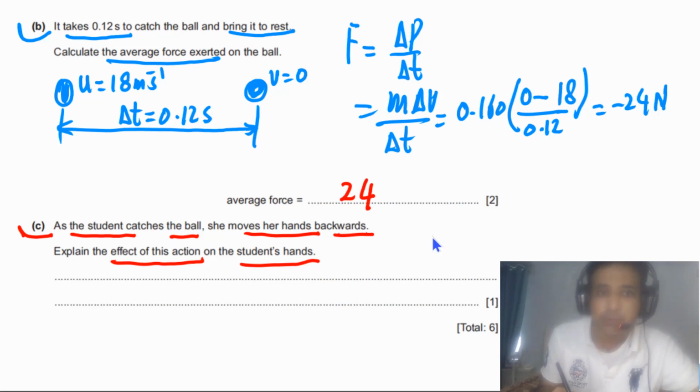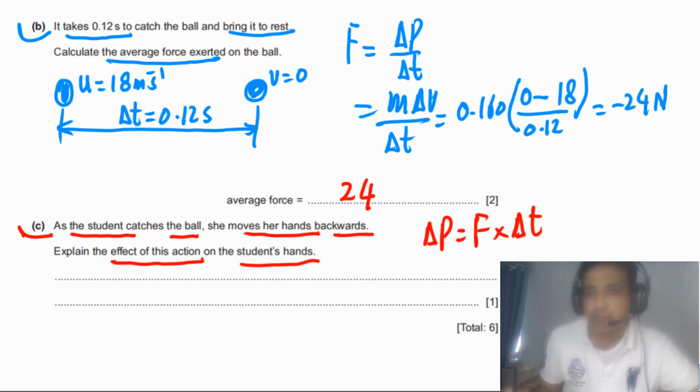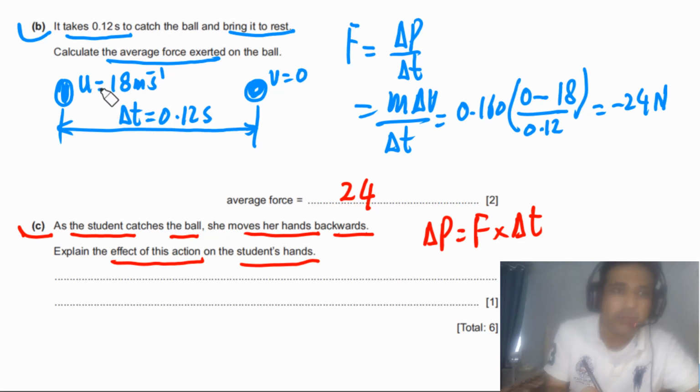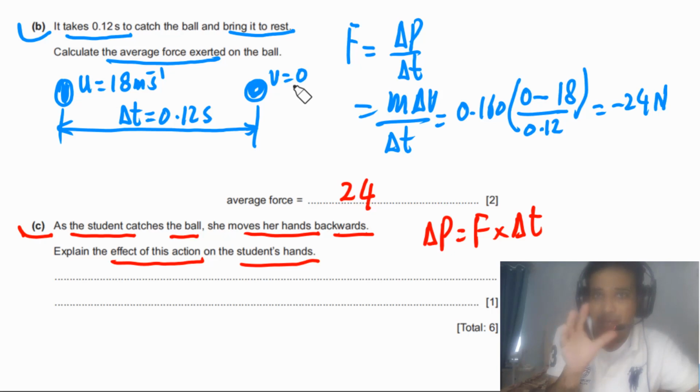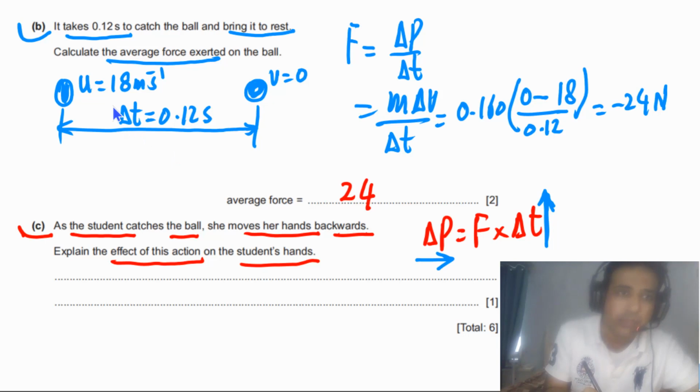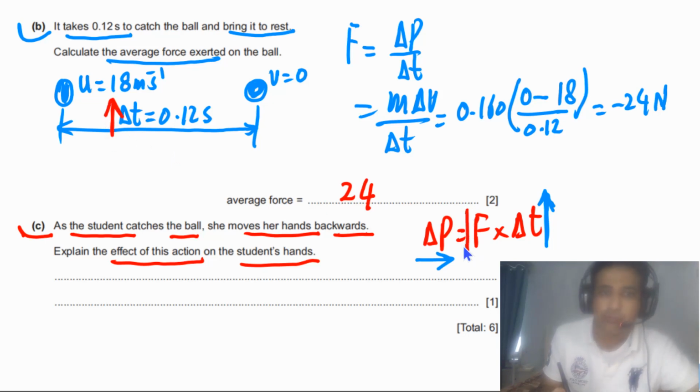So for this purpose, we need to understand delta p is equal to F times delta t. Change in momentum is the same, because the ball has initial velocity here and final velocity 0 and mass is constant, so this quantity delta p is constant. So if the student increases the time taken, let me use the red color, if we increase this time taken, we can reduce the force.